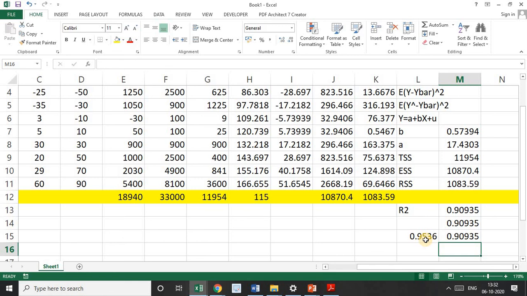So R square is the goodness of fit, and it tells us how well the sample regression line fits the data.